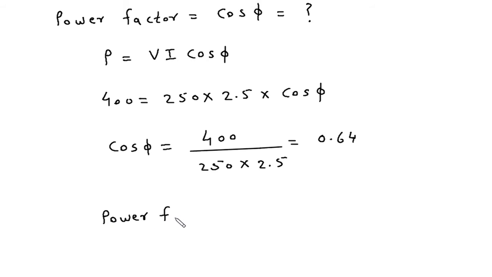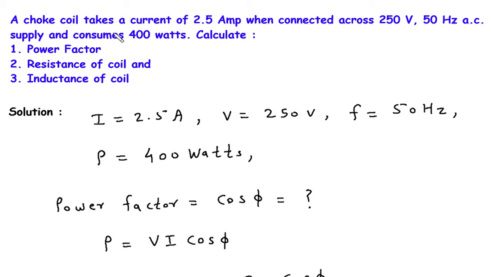So therefore power factor is equal to 0.64. Now here in this case, the circuit contains resistance and inductance, because the choke coil takes a current of 2.5 ampere when connected across 250 volt 50 Hz AC supply and consumes 400 watts.